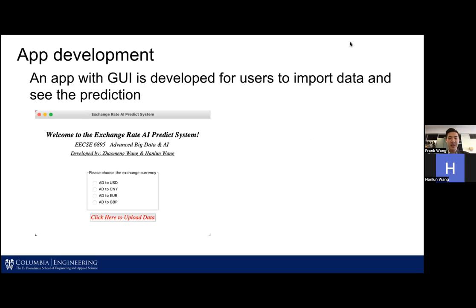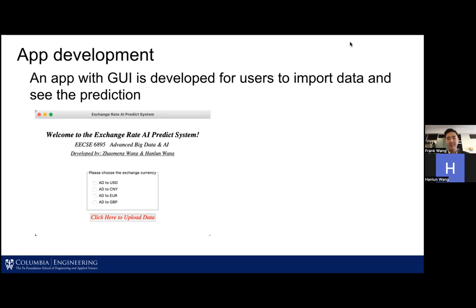And in the end, I want to introduce some applications of this project, because we believe that our application may face people without a technical background, such as traders or investors in the foreign exchange market or institutions.